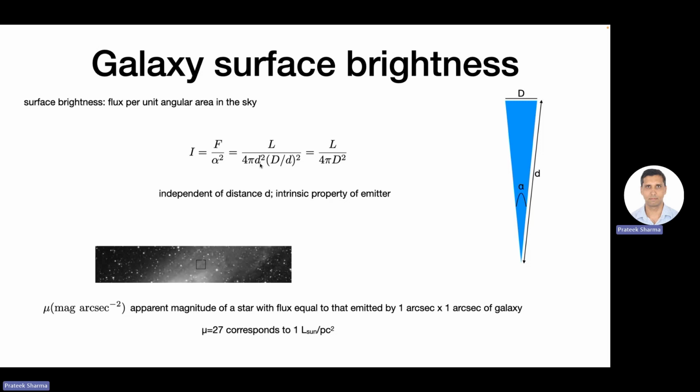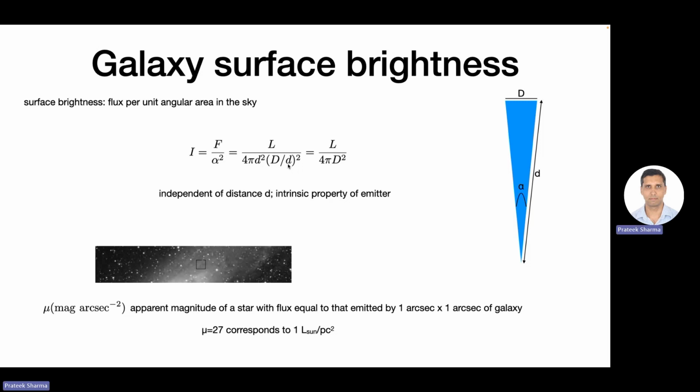These two d's become different when you go to redshift of order 1 or higher. This d is something called a luminosity distance, right? So luminosity by 4 pi d_L squared is the flux that you measure. And this d that you have here is something called angular diameter distance.